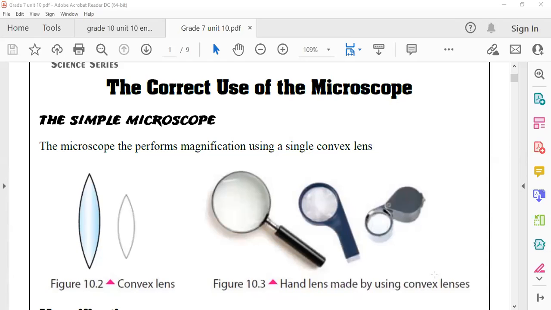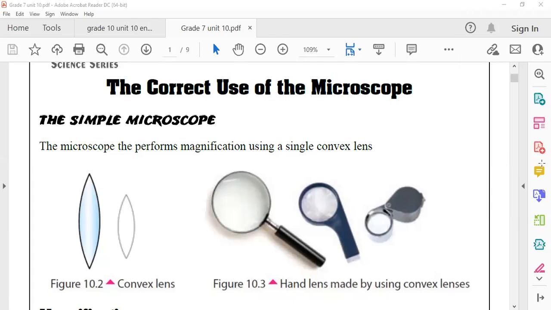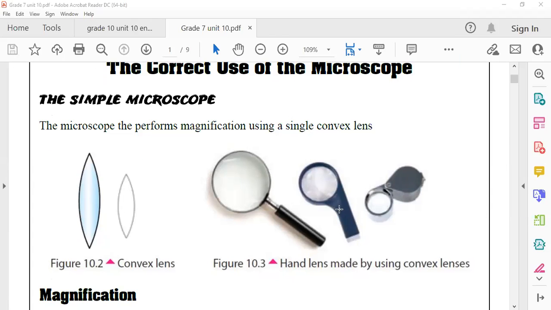Overall, a microscope has one common purpose: making things larger and seeing them clearly. Understood? Making things larger and seeing them clearly. That is the purpose of a microscope.